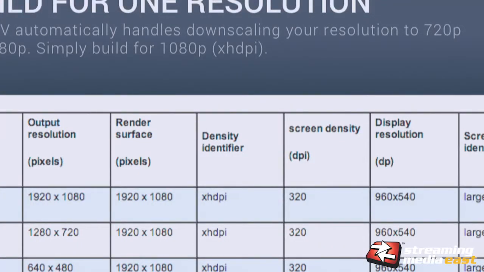So you're simply going to build for XHDPI, and then we're going to hardware downscale that to 720p or 480p for older televisions. So this makes it very easy. If you're targeting a device, you're targeting Fire TV. In fact, a lot of our tablets are 1080p. Or Android, you want to target Android phones or tablets, just target 1080p and we'll handle all of that for you. So you basically got XHDPI for your pixel density.